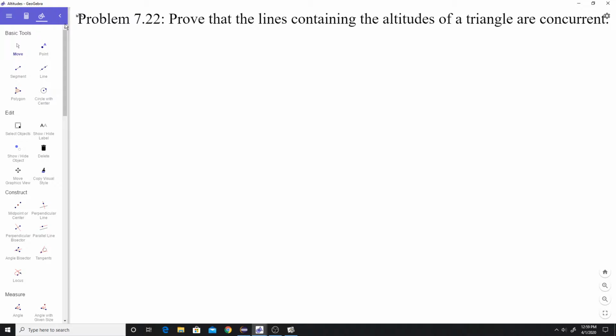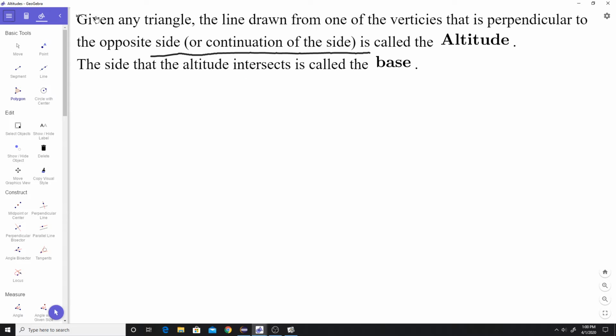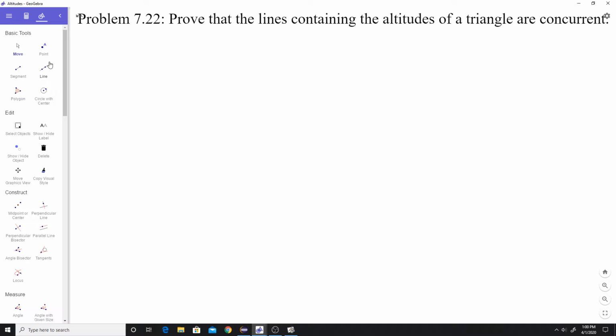Now let's start with some generic triangle ABC. So I'm just going to make a triangle. Alright, generic triangle with my polygon tool. So something like this.